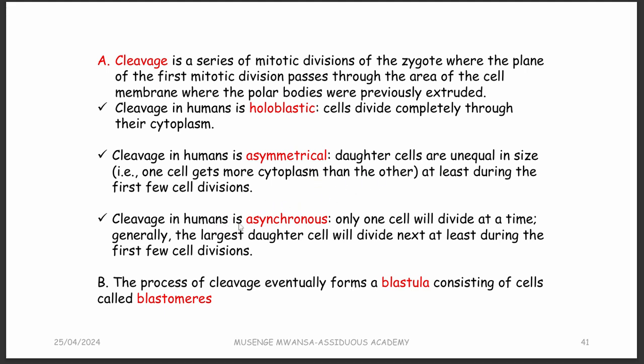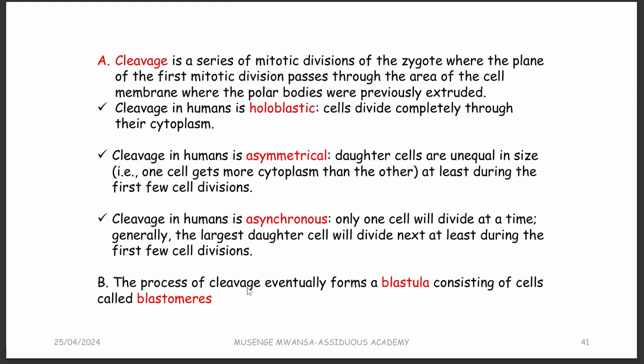And the cleavage is also asynchronous. Only one cell will divide at a time. Not all the cells would divide together. So the largest daughter cell would divide next, at least during the next few divisions.